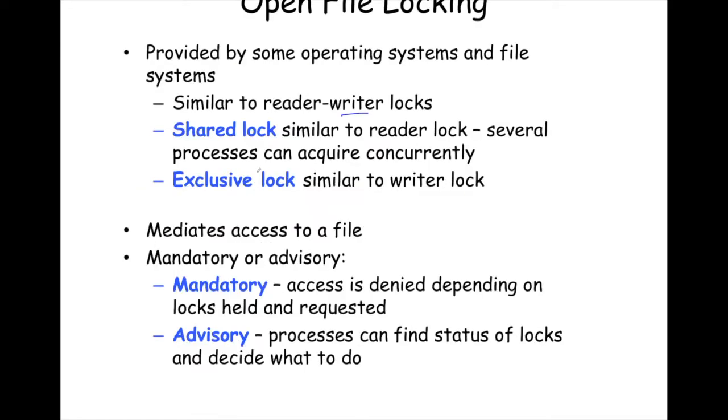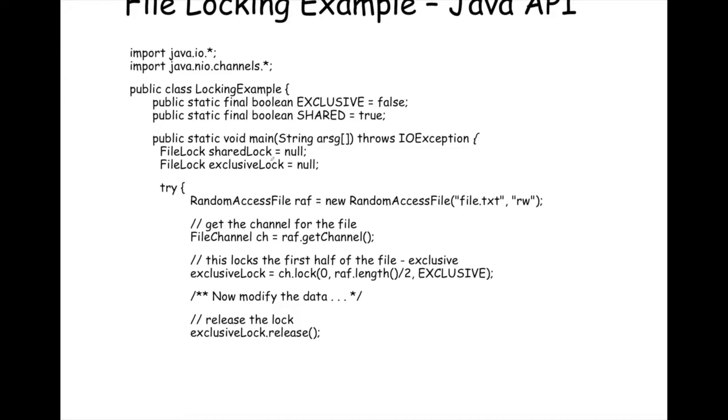And so for the locking example, there are several locking examples, and in the book, they give you a Java locking example, and this is specifically from the Java NIO package, which is for your non-blocking or asynchronous IO packages or libraries.